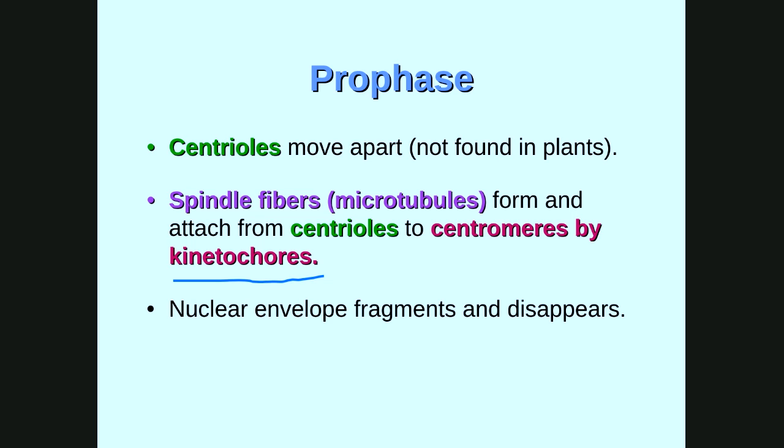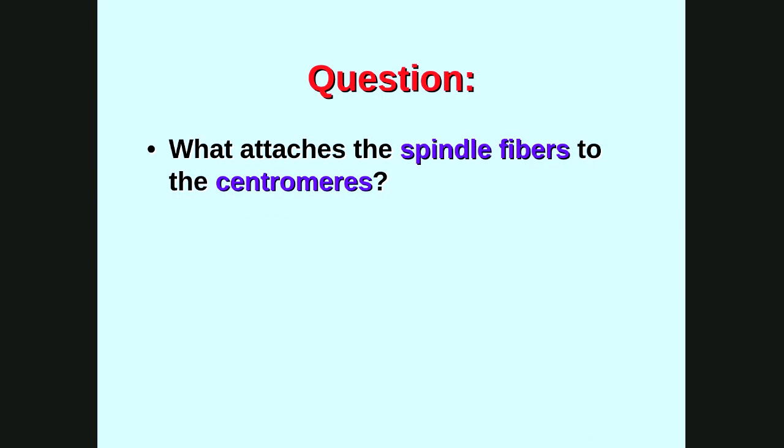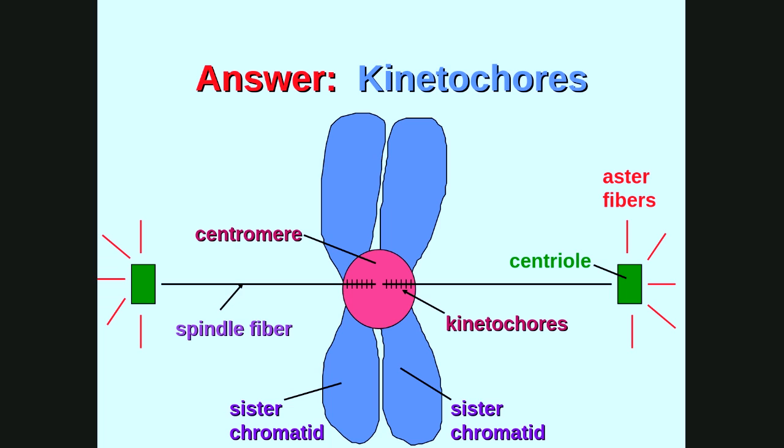Is it okay now? Students, you can see the kinetochores. This is the answer. This is the centriole, and this is the centromere. And in the centromere, this is a small part which is known as a kinetochore, where these spindle fibers are connected with the kinetochore of the two sister chromatids.